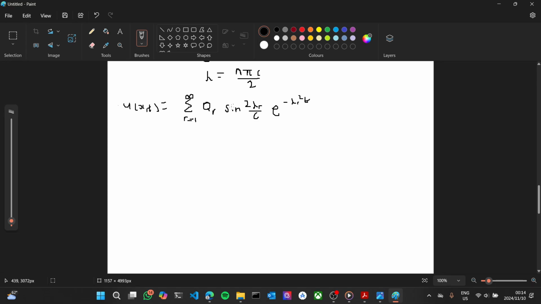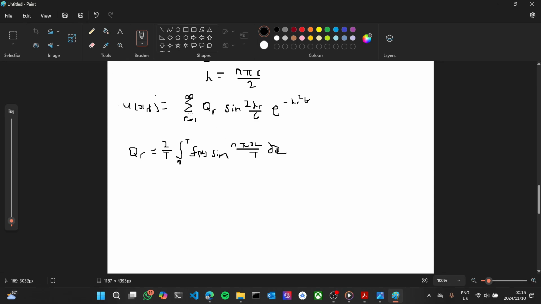So now, to finish up this process, we're going to evaluate what this constant q r is, and to do that we use the Fourier series method, and that is 2 over the period from 0 up to that period of f of x sine n pi x over T in terms of x.